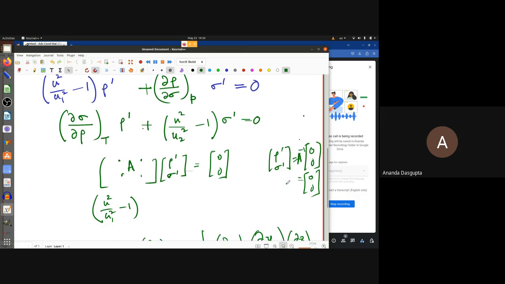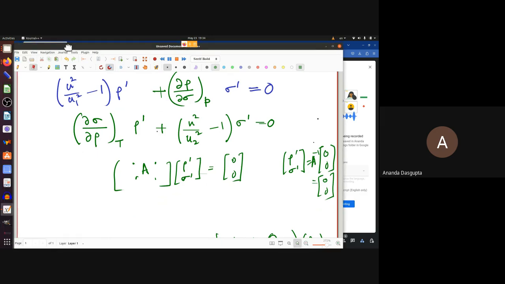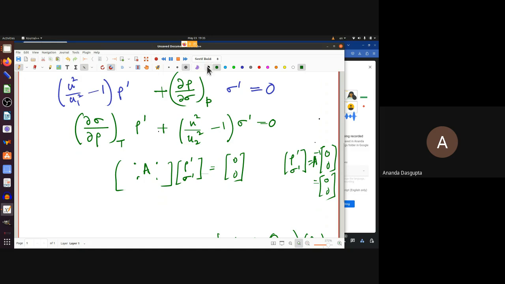So the only possible way in which this can give you a non-trivial wave, that is a wave where you have fluctuating values of rho prime and sigma prime, is simply this. The only way that can happen is if the determinant of this matrix A vanishes, which means if you had (u squared by u1 squared minus 1) into (u squared by u2 squared minus 1) minus the product of the two off-diagonal terms equal to 0.